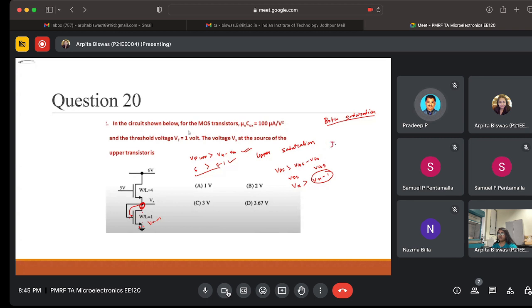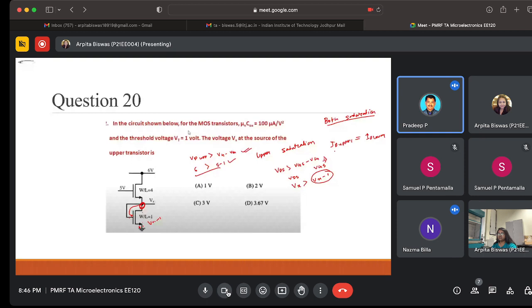ID upper equal to ID lower. Tell me the equation. Mu Cox W by L into VGS minus VT, W by L into 5 minus Vx minus 1 whole square by 2.